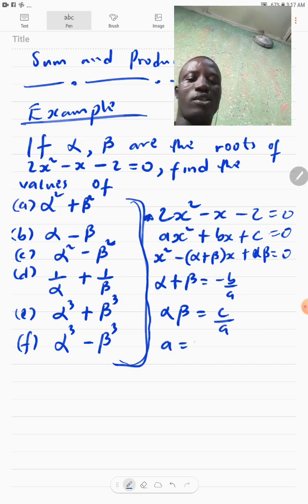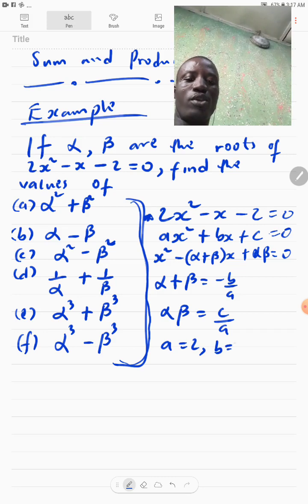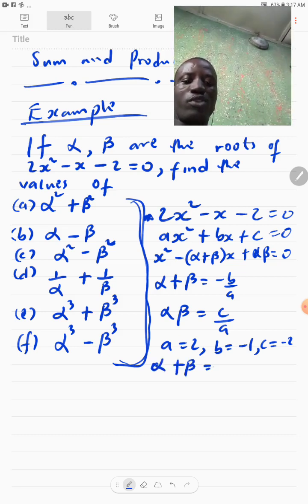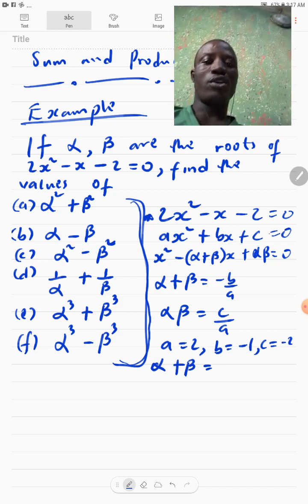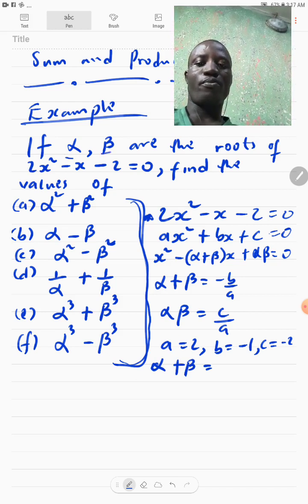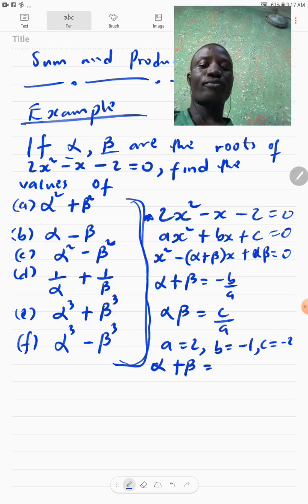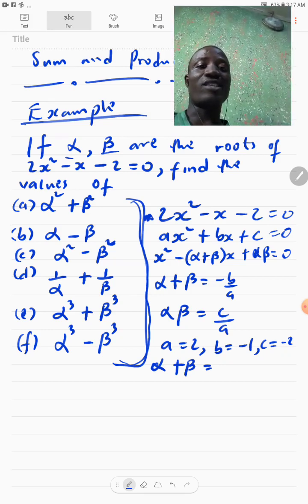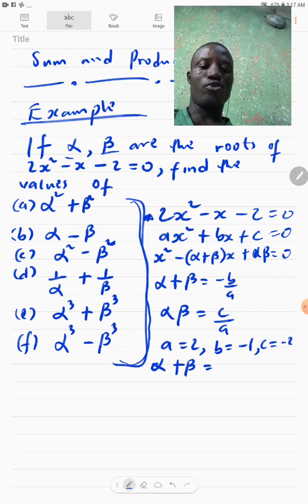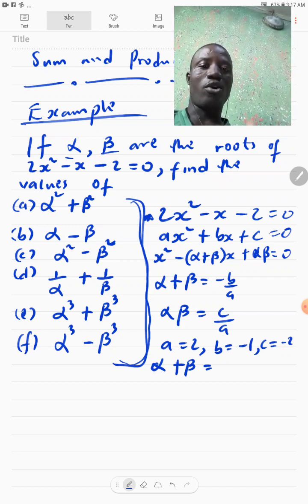Our a is 2, our b is minus 1, and our c is minus 2. So my alpha plus beta, which is the sum of roots, since alpha and beta are the roots of this quadratic equation, means that you are summing up the roots. We have done that in the series of classes we've had, so if you have not gone through those previous classes, try to.